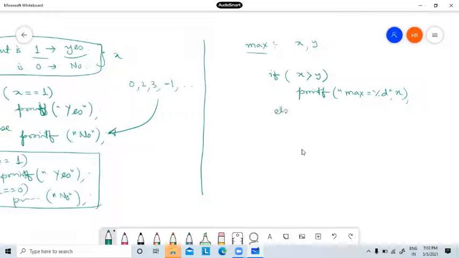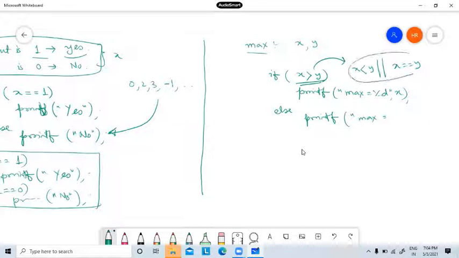And now I can write else. Why? Because if this condition is not true, it means the reverse, that is x is less than y or x is equal to y. Either this or this, among these two, one is true. It means the maximum becomes y.